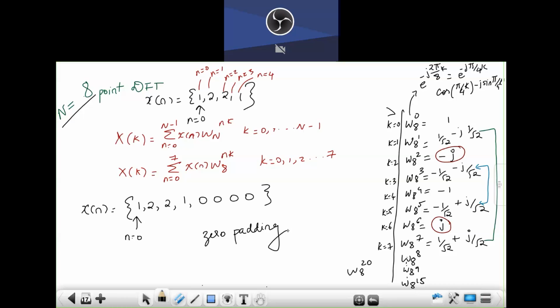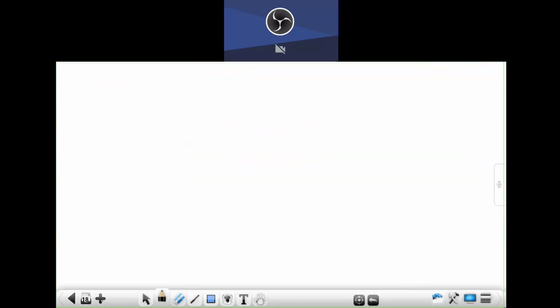Now let us write our expression. So our X of k is the summation for n equal to 0 to 7 of x of n, W8 power nk, where k varies from 0 to 7.